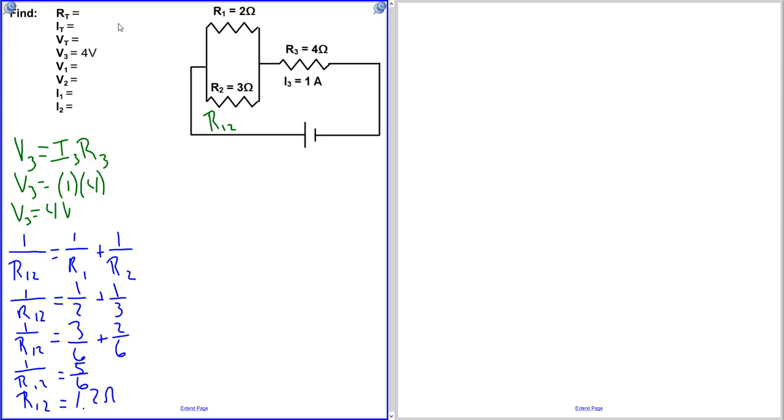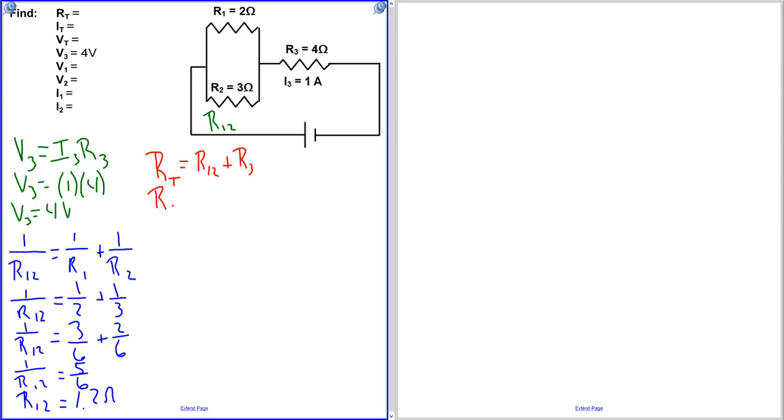So now I can think about this being a series circuit again, and I can say, well, in a series circuit, the total resistance would be equal to R12 plus R3.